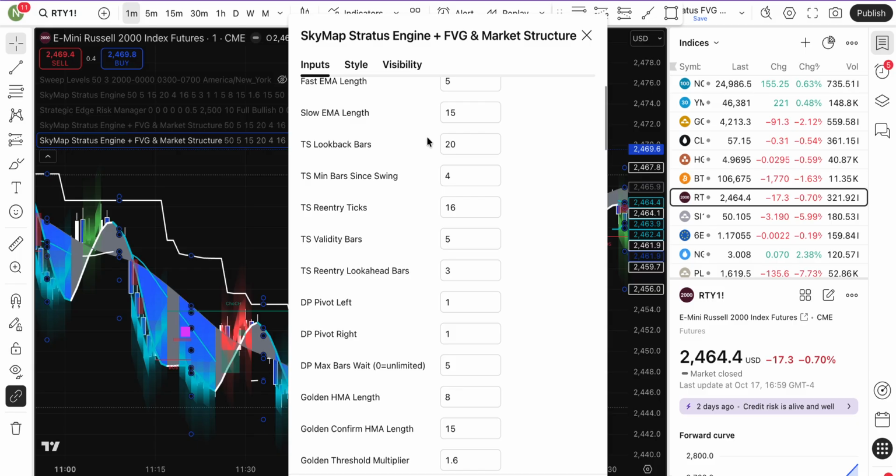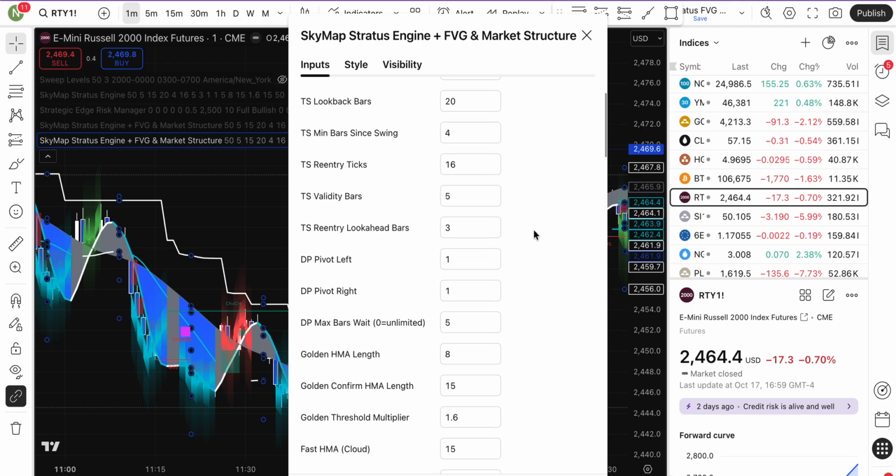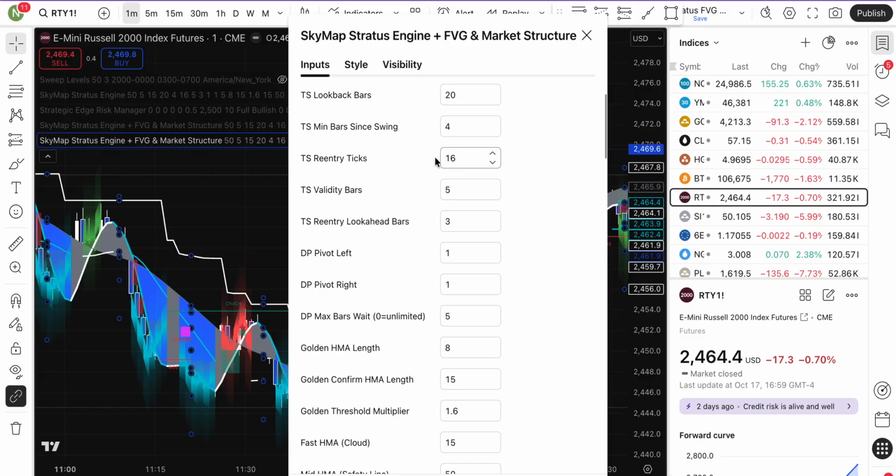We're looking for a new swing high or swing low. Cannot be less than 4 bars since the previous new higher low is created. This deals with how far back into the range it has to go. This is how many bars I'll accept it as valid.